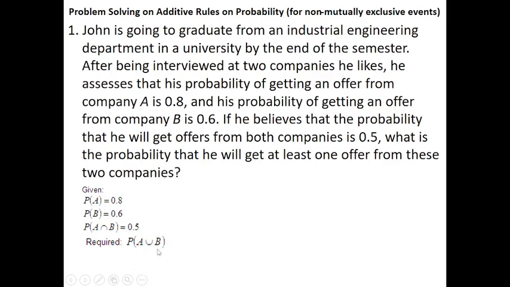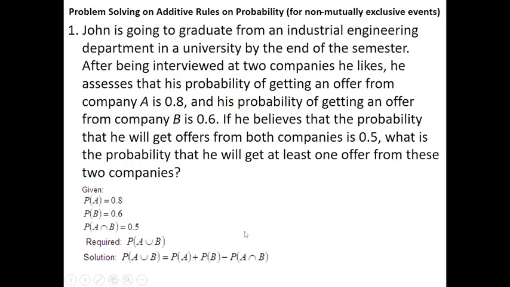The union symbol, okay? So in this case, the solution is, we use the additive rules on probability. This is the formula for additive rules on probability. This is for non-mutually exclusive events. Pag sinabi nating non-mutually exclusive, they have common outcomes.